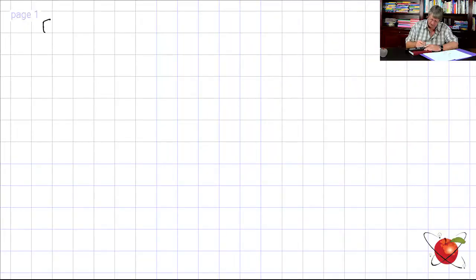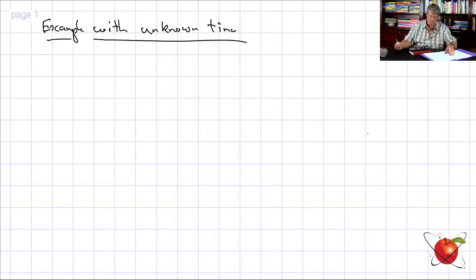Let us have a look here at another example. I'm going to do an example here with unknown time. Example with unknown time.